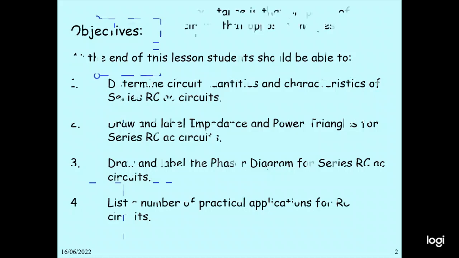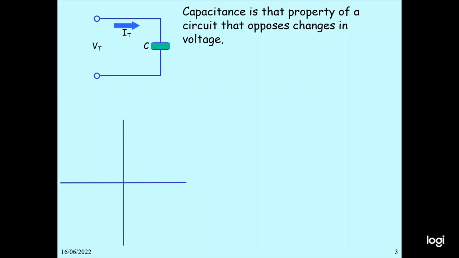So this is capacitance, the property of the circuit that opposes the change in voltage. This is current flow here. This is capacitance. The change in voltage is opposed by the capacitance. So this is a purely capacitive circuit.